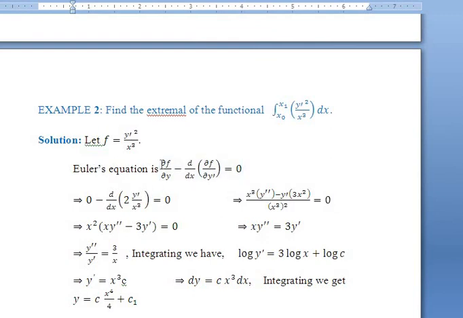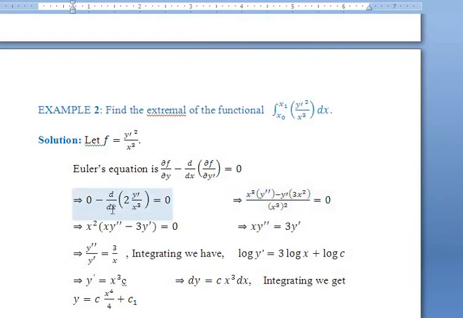So the partial derivative of f with respect to y is 0, since there is no y. Then d upon dx of the partial derivative with respect to y dash. The denominator is constant, and y dash square gives 2y dash, so 2 times y dash upon x cube is the partial derivative. Then once again differentiating with respect to x, by applying the u by v rule, because y dash is a function of x.